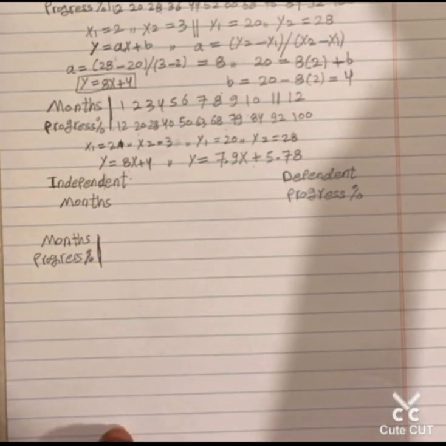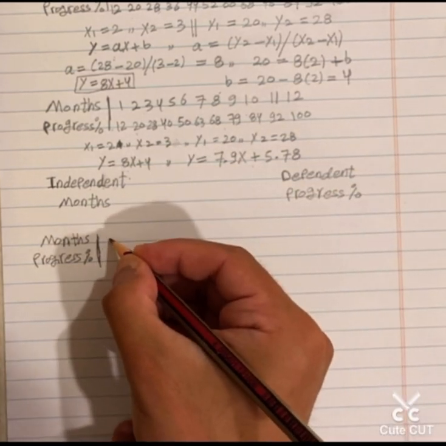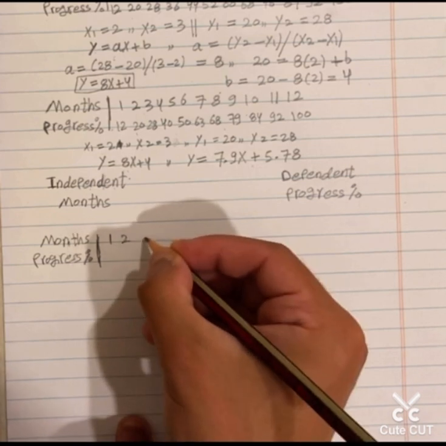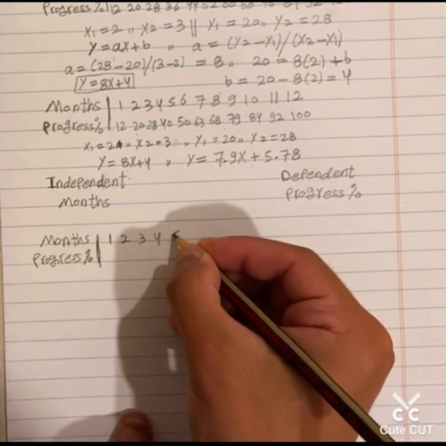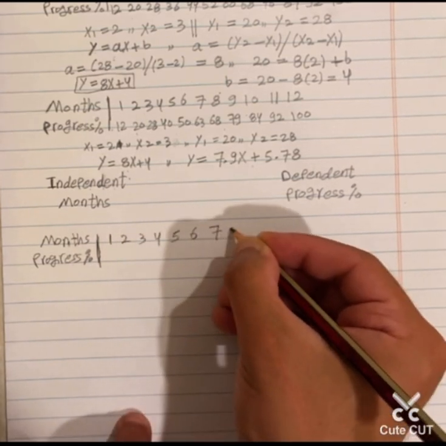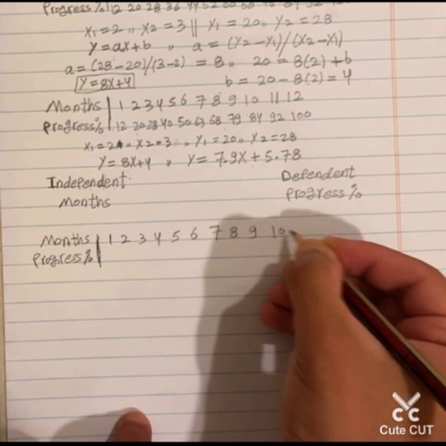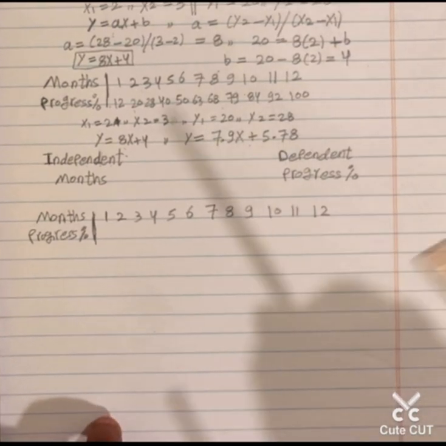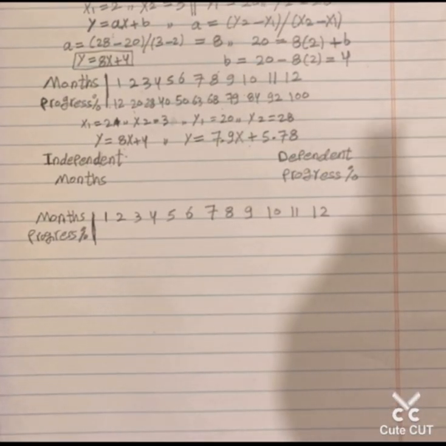We have considered, for example, the same months that we have written over and over again: 1, 2, 3, 4, 5, 6, 7, 8, 9, 10, 11, and then 12. But the data is somewhat strange now.